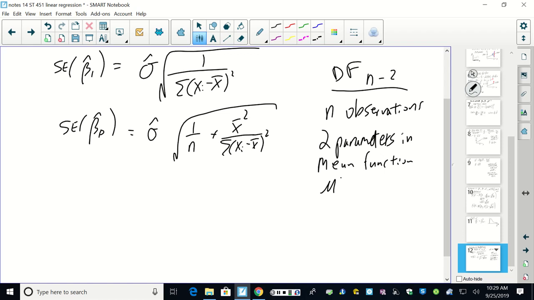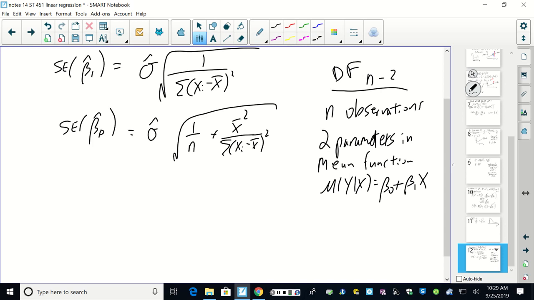So the mean of y given x that we're fitting is beta 0 plus beta 1 x. And so it turns out that there's a minus. Those two get subtracted.